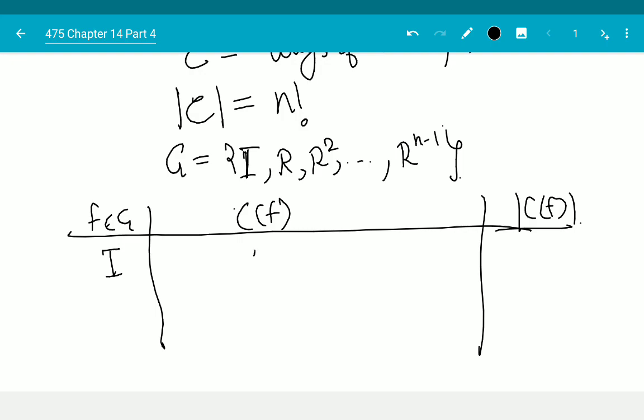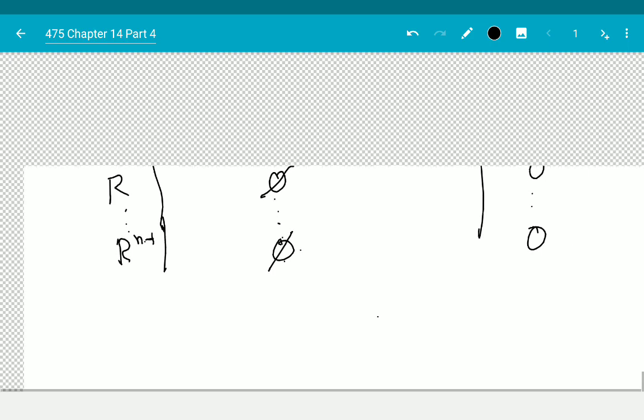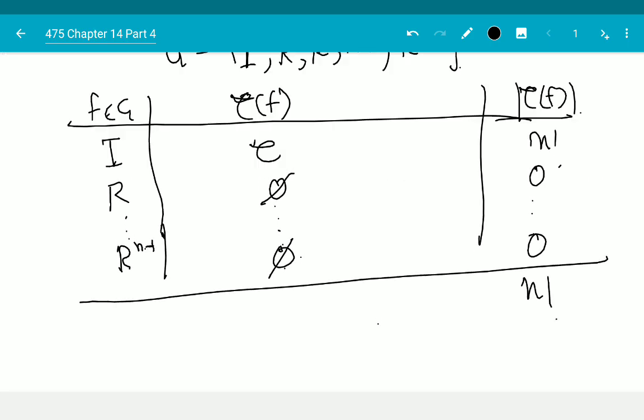Well, it fixes the entire set C, and so this is n factorial. What about r to the n minus 1? Well, if I rotate a permutation, I can't have vertex 1 and vertex 2 have the same color because I can use every color exactly once. So these fix nothing. All of these fix the empty set. There is nothing that they fix. So 0. Therefore, the total number is n factorial.